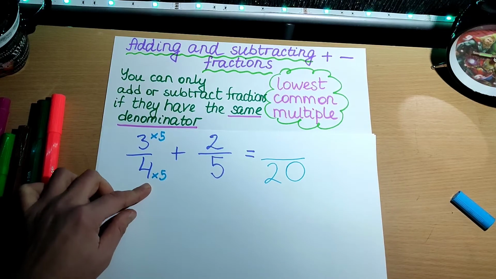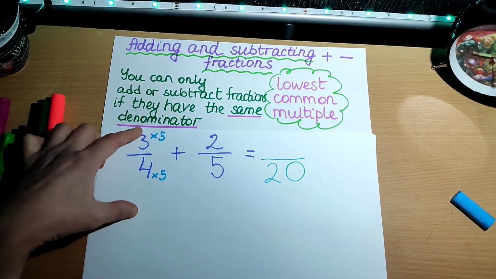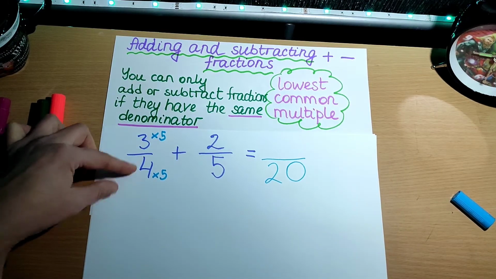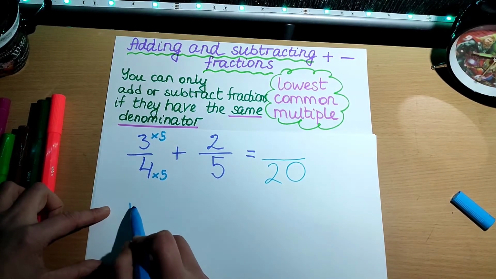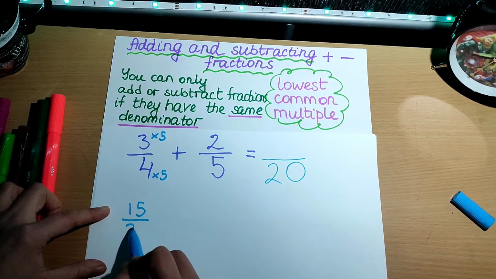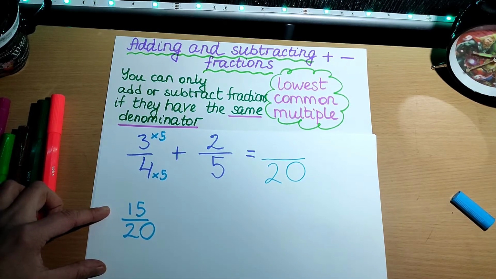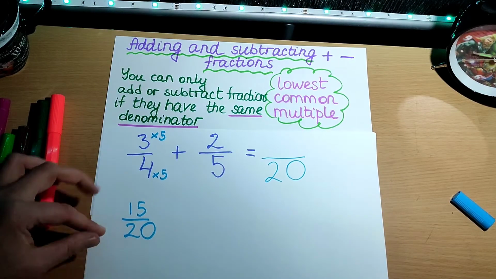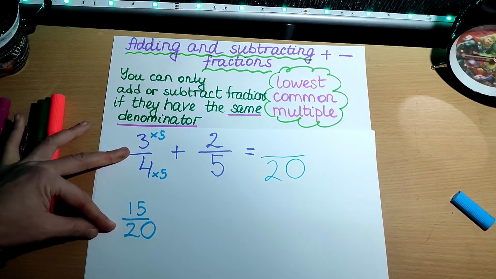Whatever you do to the bottom of the fraction, you need to do the same to the top. So now it's not 3/4 anymore, it's 15/20. And 3/4 is the same as 15/20. They're equivalent fractions, just expressed differently.